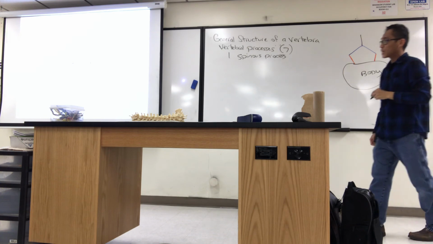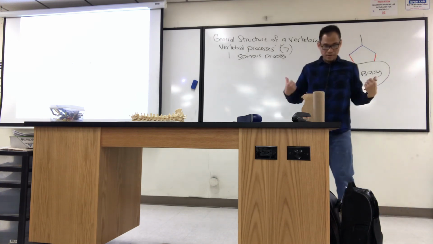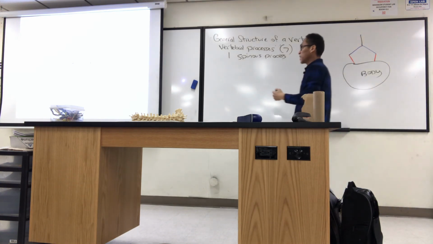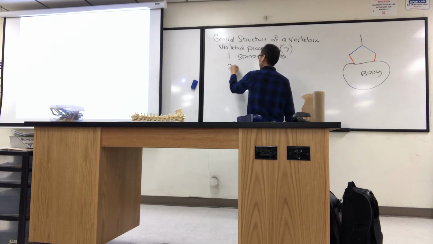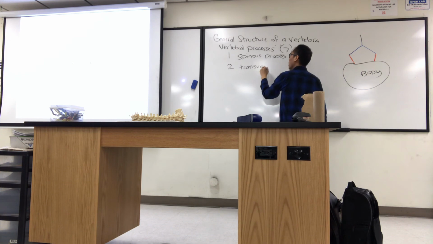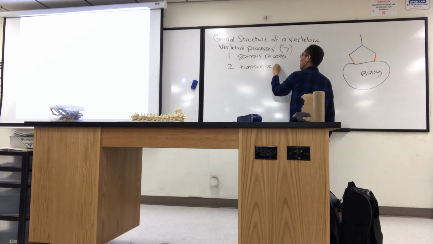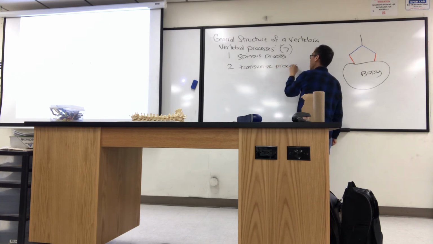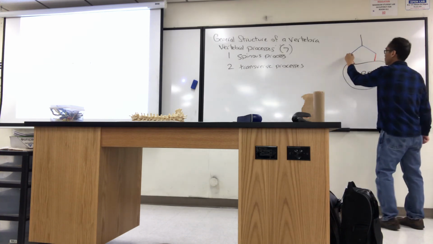Then you have two sticking out to the side in the transverse region. So they're called transverse processes. Two of them. Transverse. They stick out to the side this way.